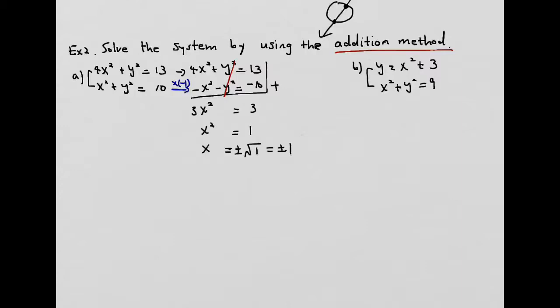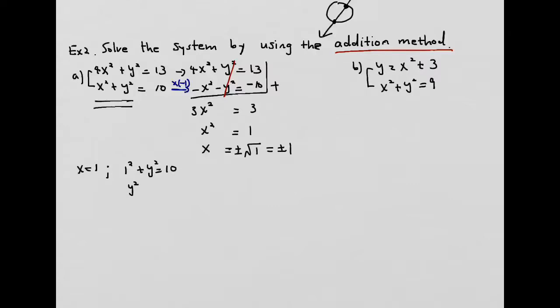So when X is positive 1, let's see what Y can be. I am going to replace it in the second equation. Then when X is 1, what will Y be?